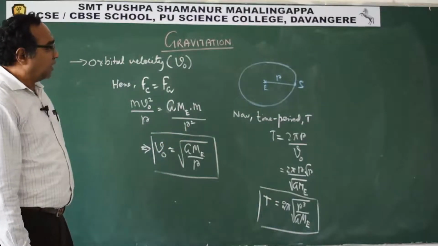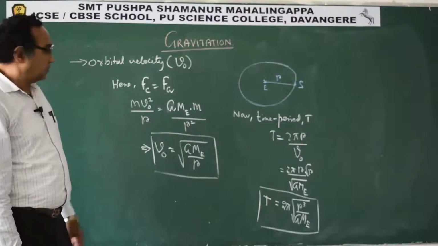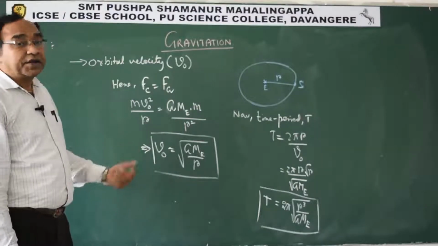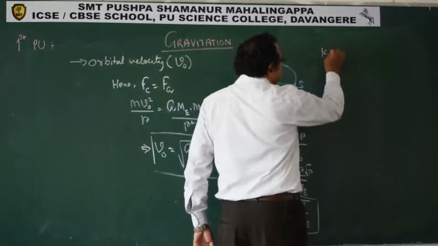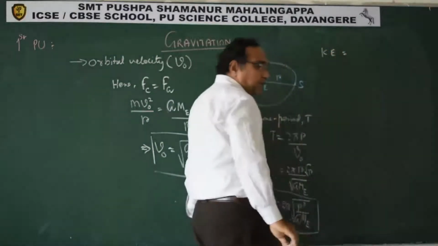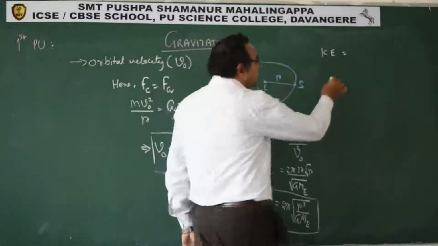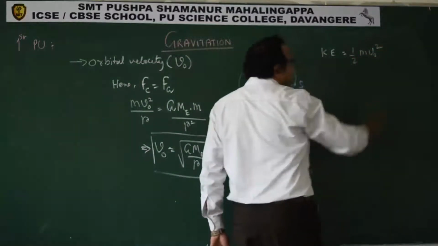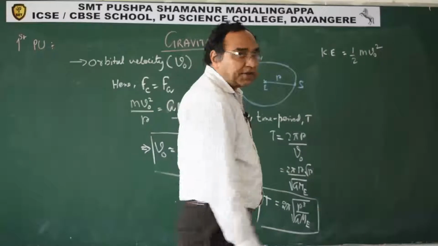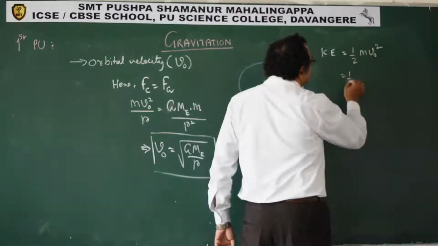Now the next thing is, what will be the kinetic energy of the satellite? How much will that be? Kinetic energy is half m V naught square. This is the kinetic energy. How much will that be?